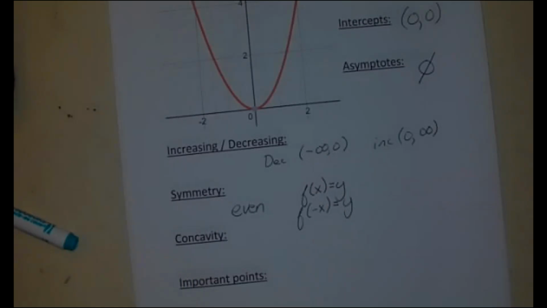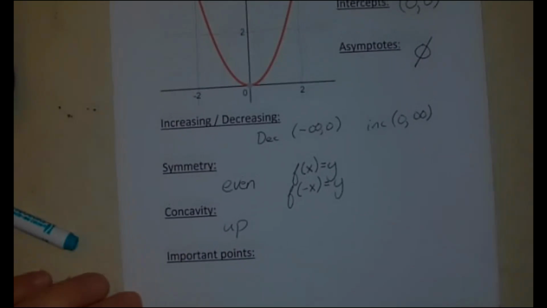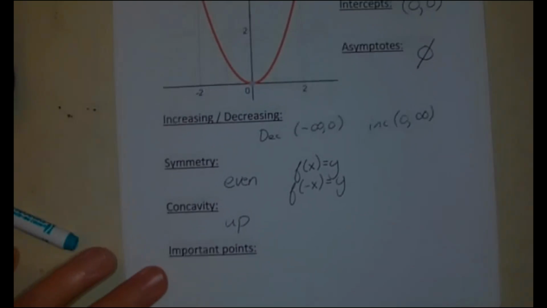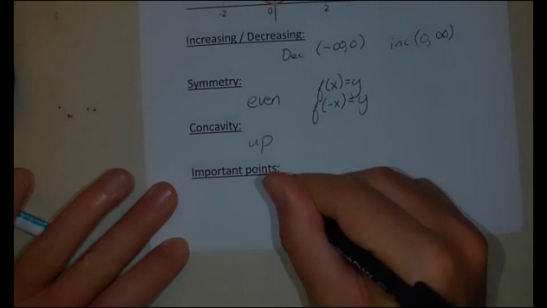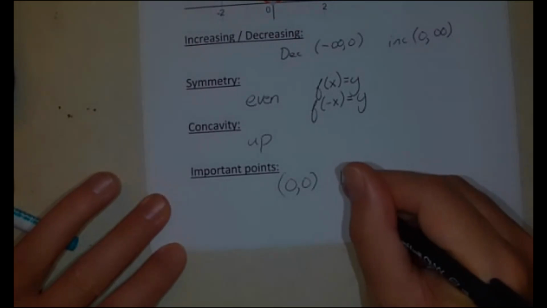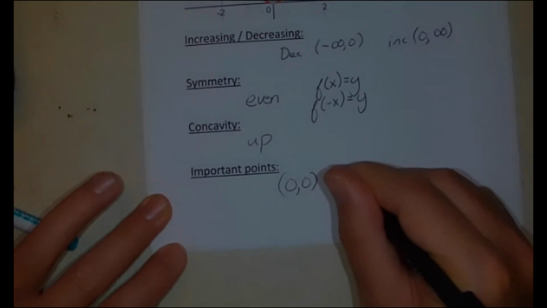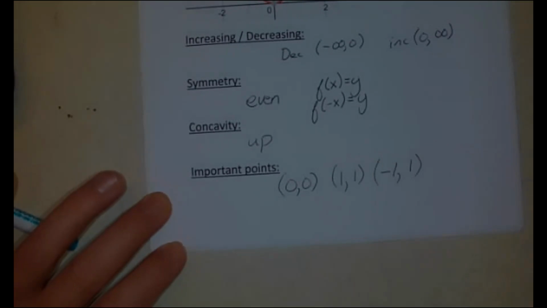The concavity of this guy, it is concave up, and that kind of fits with my, it would hold water while facing up. Important points. I think 0, 0 is an obvious choice. It is an intercept, it is the vertex, it is the minimum. But less obvious, I think 1, 1 and negative 1, positive 1 are also good ones.